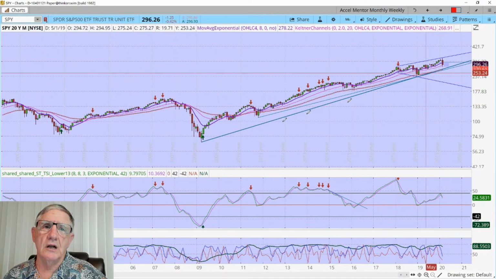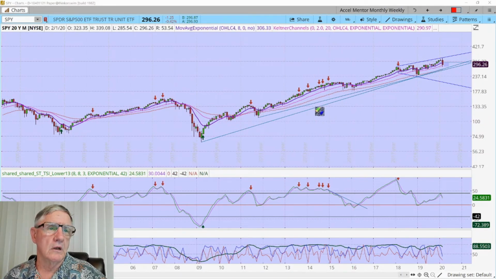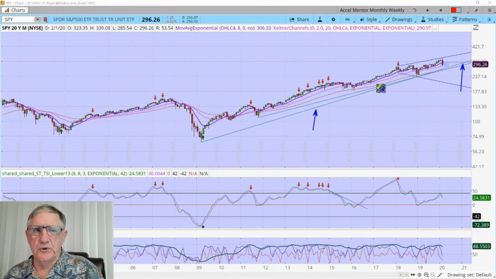So as long as this longer-term trend line that I'm identifying right there, which you also see up here, stays intact, then ultimately the longer-term trend is still in effect. We're still, by definition, in a longer-term uptrend.